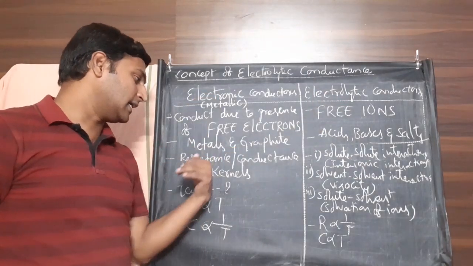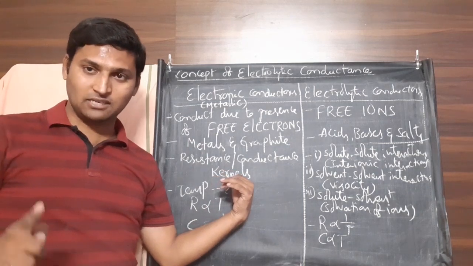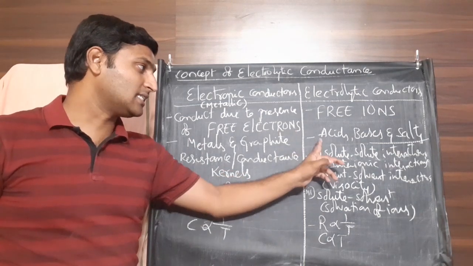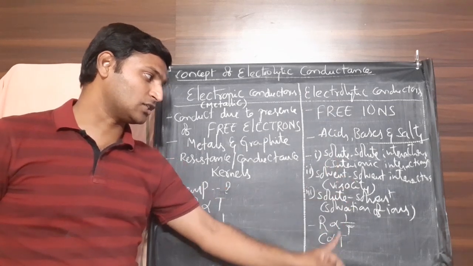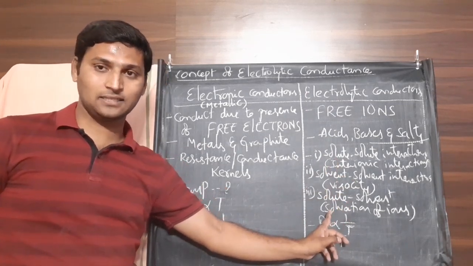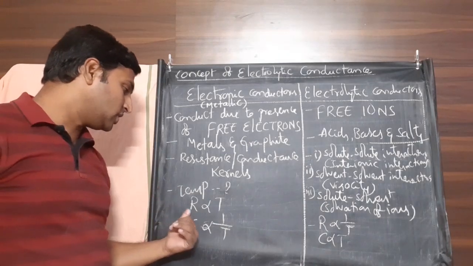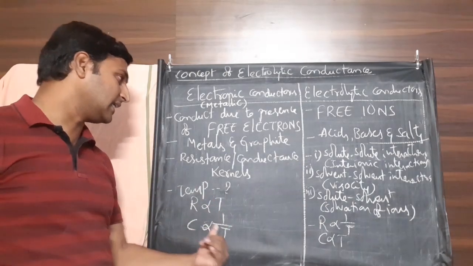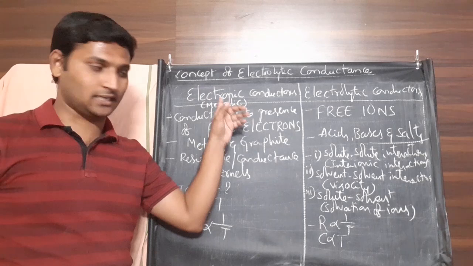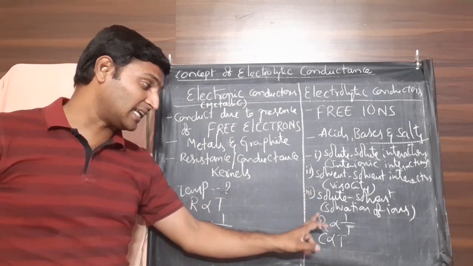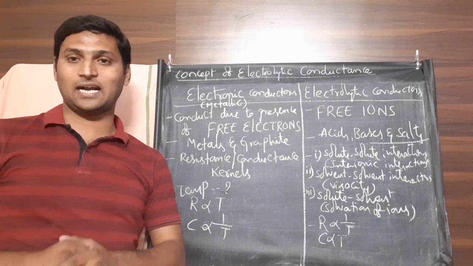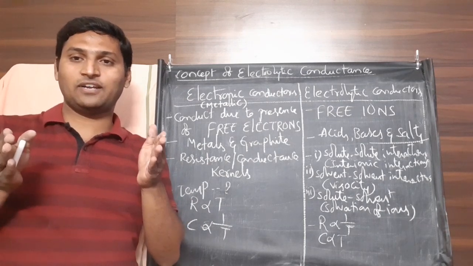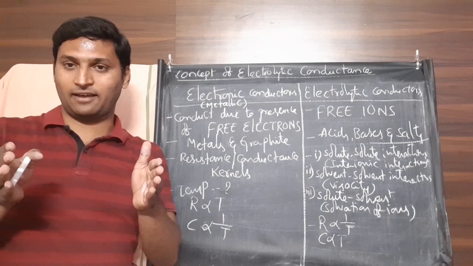Resistance of electronic conductors is due to their kernels, the positively charged metal atoms. Resistance of electrolytic conductors is due to interionic interactions, viscosity of the solvent and solvation of ions. Temperature increases the resistance and decreases the conductance in case of electronic conductors. Temperature decreases the resistance and increases the conductance in case of electrolytic conductors. That is the difference between the two types of conductors we have.